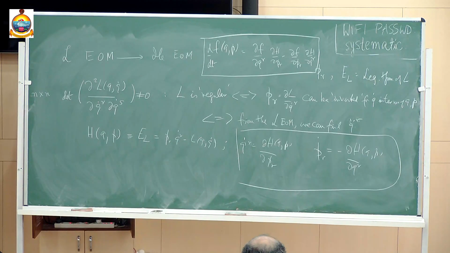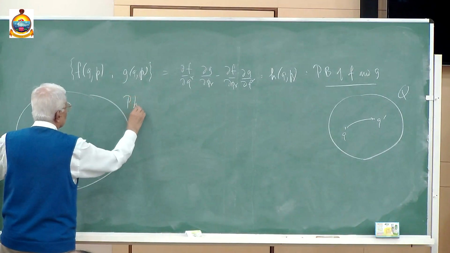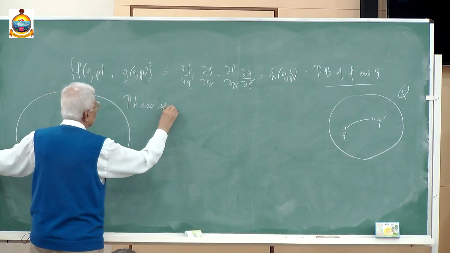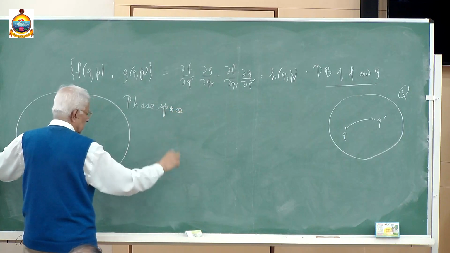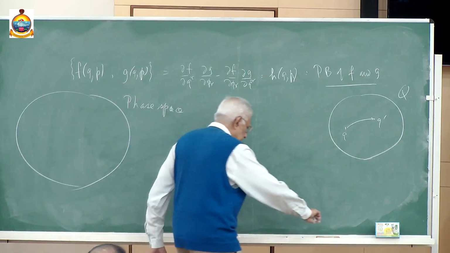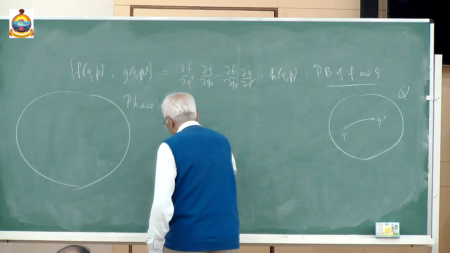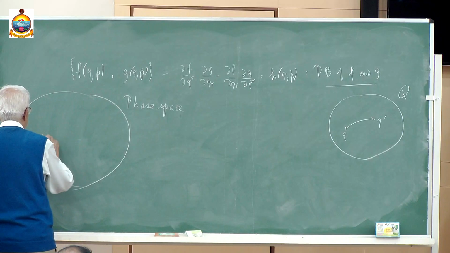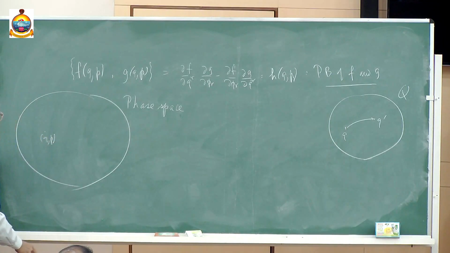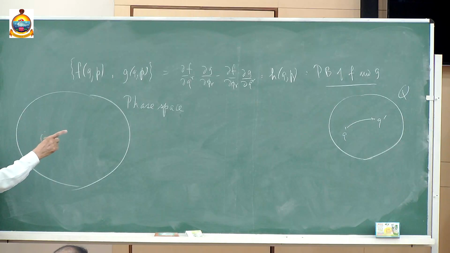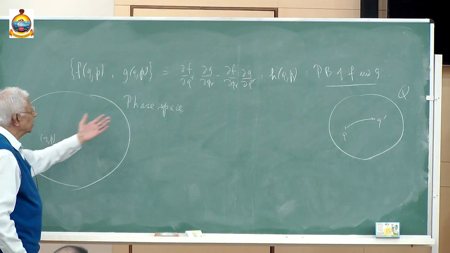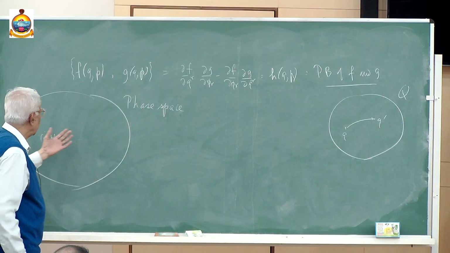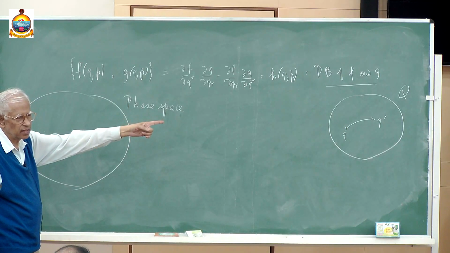So what happens is, the space in which Hamilton's equations are to be viewed is not configuration space, but something called phase space. And a point in phase space is labeled not just by q alone, but q and p as independent variables. So immediately you can see that for a given configuration space, the phase space has twice the original dimension.